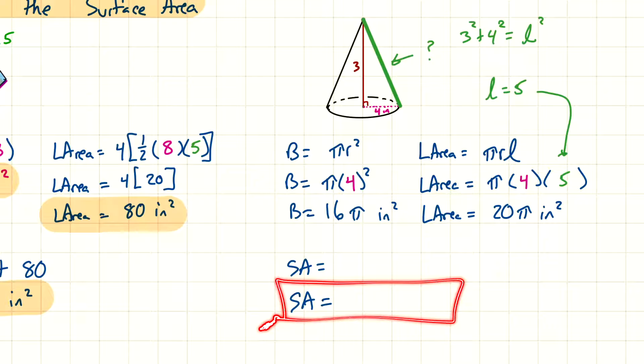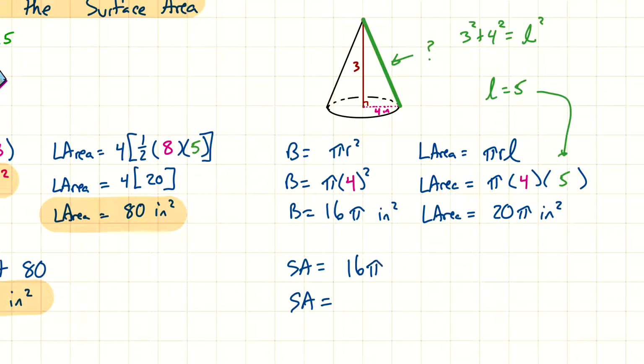You should have inches squared still on your final answer. All right, so let's see if you set this up correctly. So this is going to be 16 pi plus 20 pi, right? That's it. Just add those together. So 16 plus 20 gives us 36 pi inches squared.